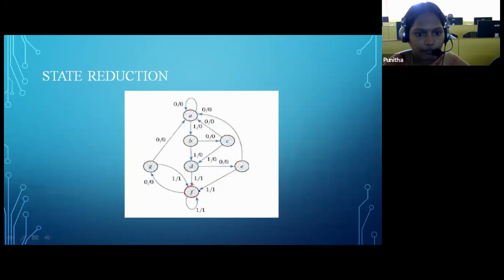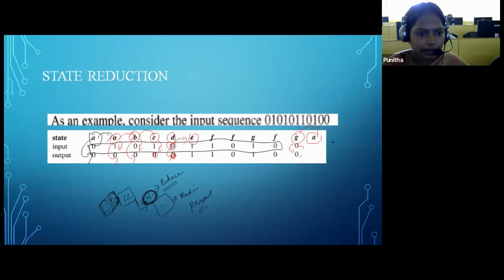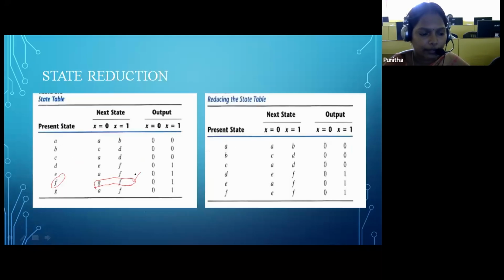This is F. If I apply 0, the next state will be G. If I apply 1, the next state will be F, the self state. So GF is the next state, and I have written GF here.